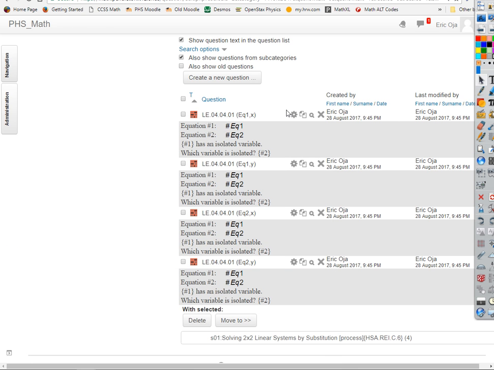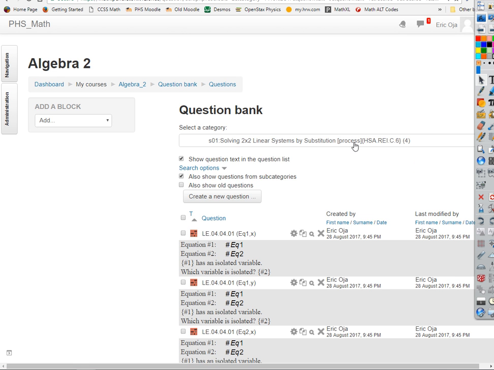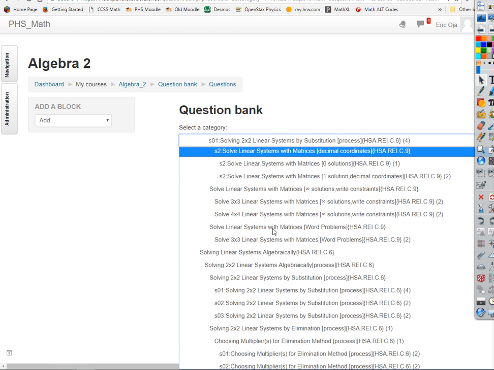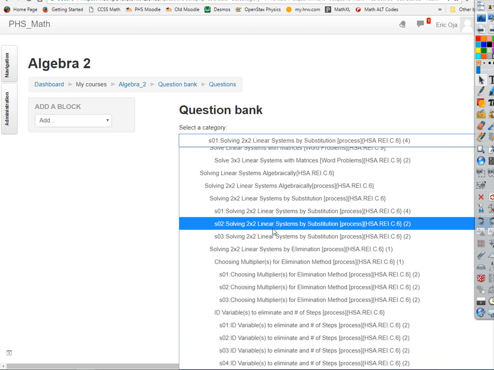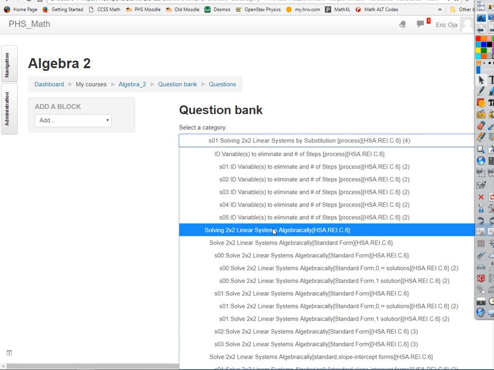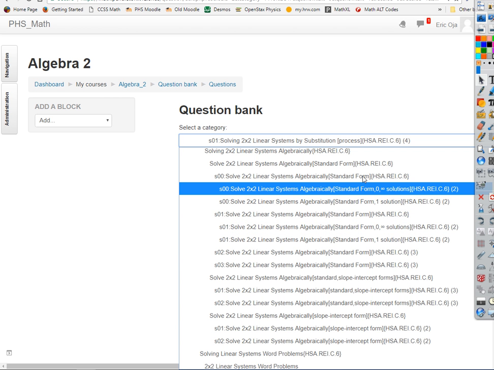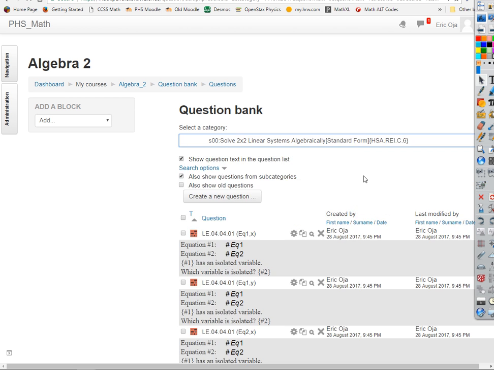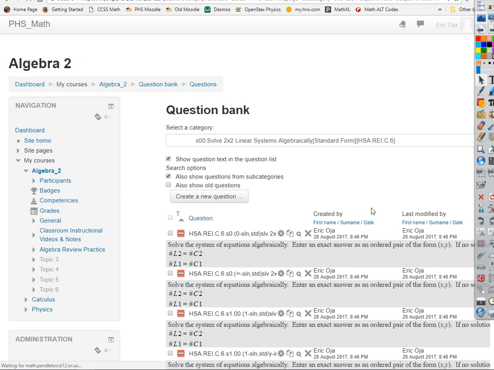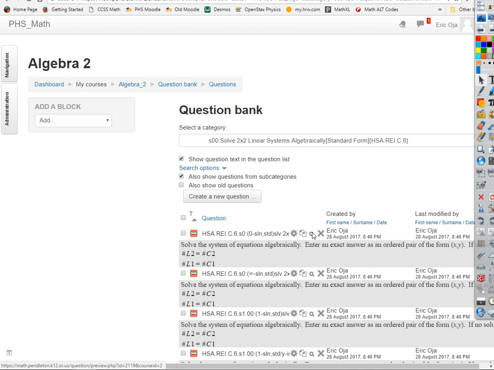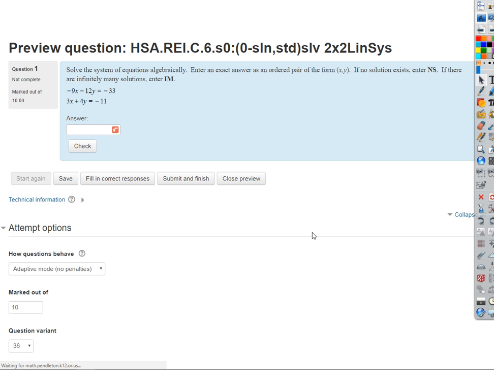Okay, what if we take one like this? Are there any variables there that are isolated or easy to isolate?